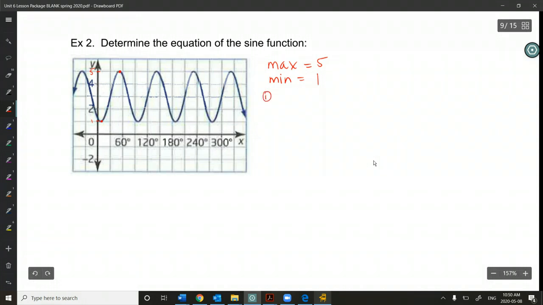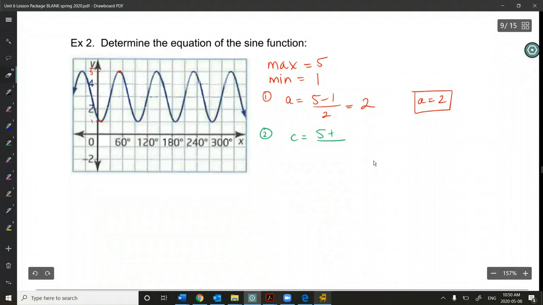And we're going to use both of these to find the a value and the c value. So a is max minus min over 2. That's going to give us 2. I'm just going to box that up. And the c value is going to be max plus min over 2. Whoops, should be 5 plus 1 over 2, and that gives us 3.